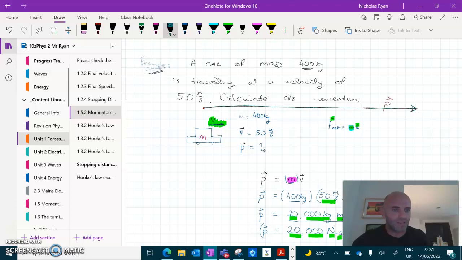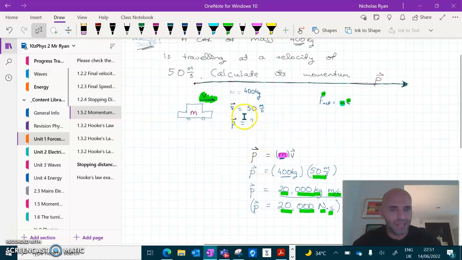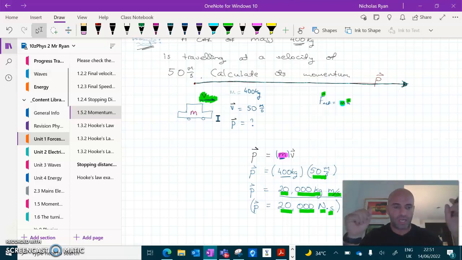That's 20,000 kilogram meters per second. Okay, and again can be represented by an arrow, and that arrow should point in the same direction as the momentum itself, and the size of the arrow should be representative of the size of the momentum. Okay, hopefully that makes sense to you. I know I've probably over-labored the point, but I feel it's important.